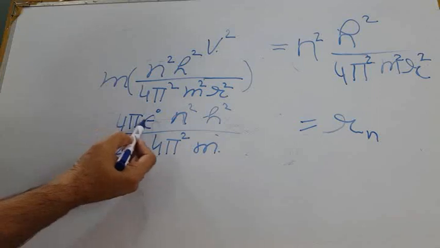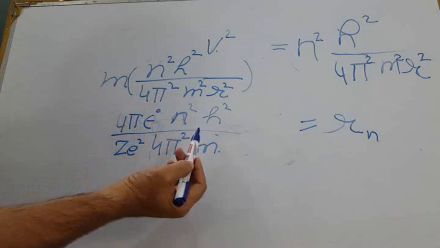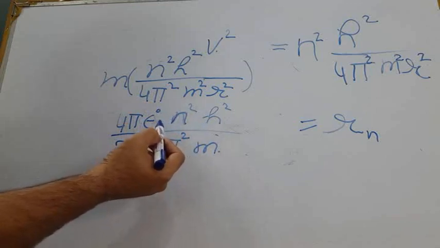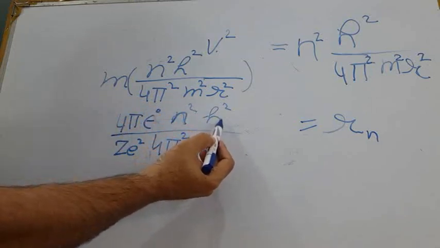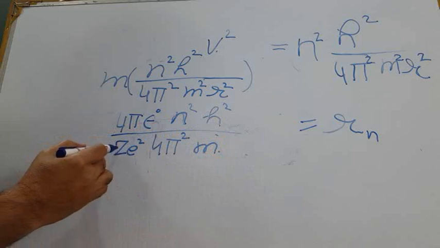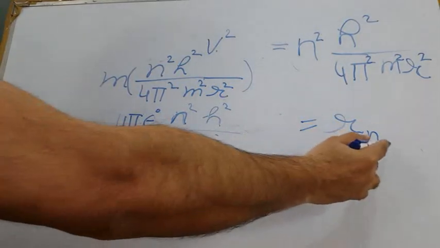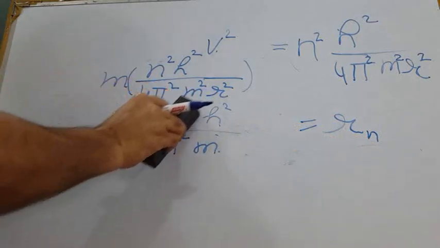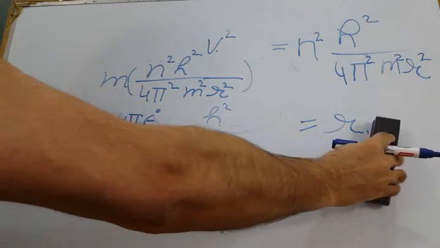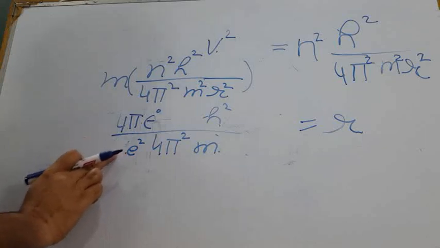We know the value of 4 pi epsilon 0. If we want to calculate, for any n, suppose for 1, then that shall be gone. h, the Planck's constant, we know, Z we know, e, charge on electron, we know, pi we know, m we know. That's why we can calculate this. If you calculate it for the first orbit of the hydrogen atom, then Z is also 1.